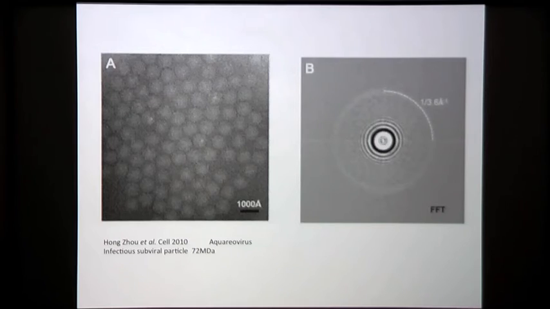It's difficult to see here because it's not a very good reproduction. But basically, they were seeing ripples in the transform here to around 3.6 angstroms. So this told you that if you process these images correctly and did all the corrections that you have to do, then you ought to be able to create a three-dimensional map of aquareovirus at around 3.6 angstroms.